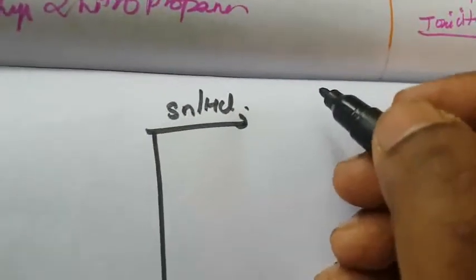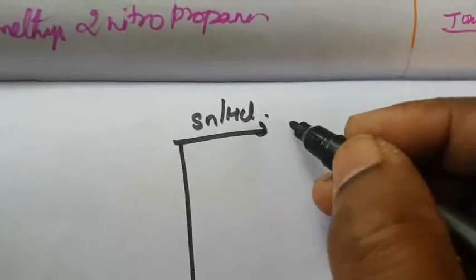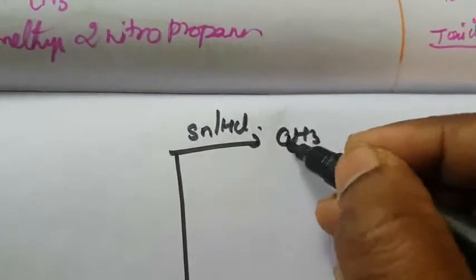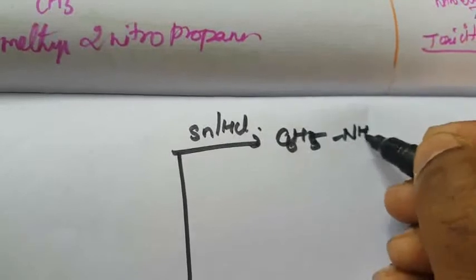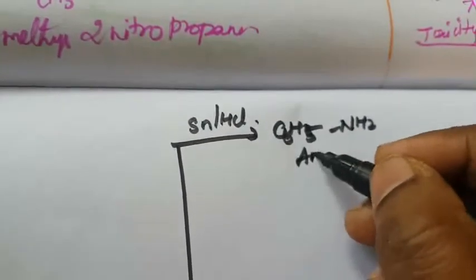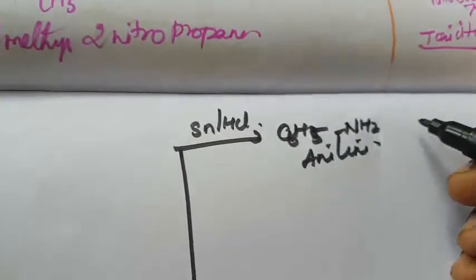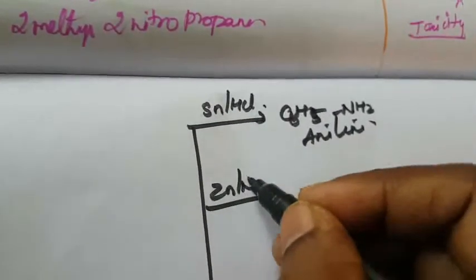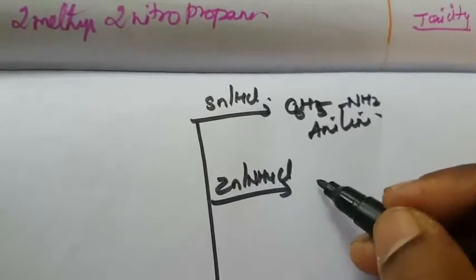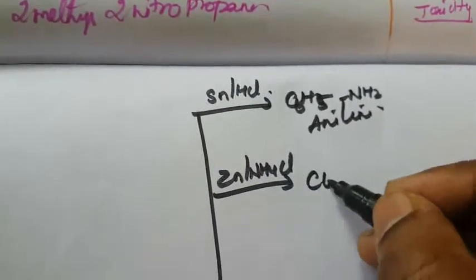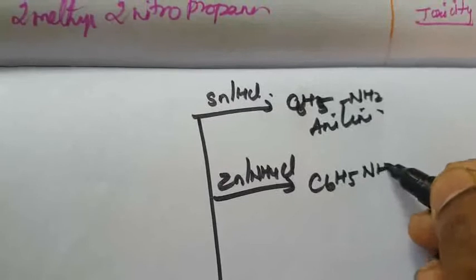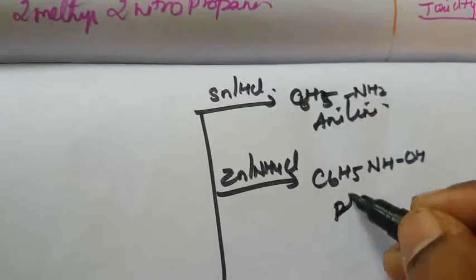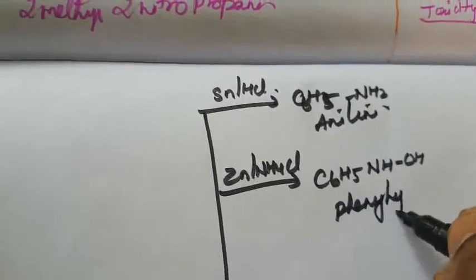So that is acid medium to form the aniline C6H5NH2, that is called aniline. Okay, again another one, it will be Zn and ammonium chloride NH4Cl, that is phenylhydroxylamine C6H5NHOH. Okay, that is phenylhydroxylamine.